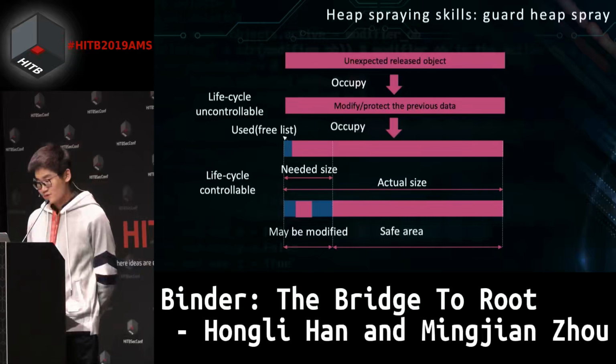You can use the fchmod tree to do guard spray too, or adjust the size to guard the spray faster. Here I show an example. If we set the user data now, it could be used for guard heap spray.